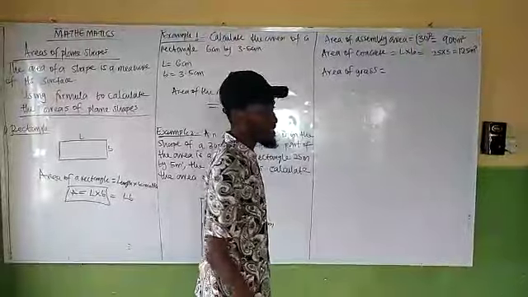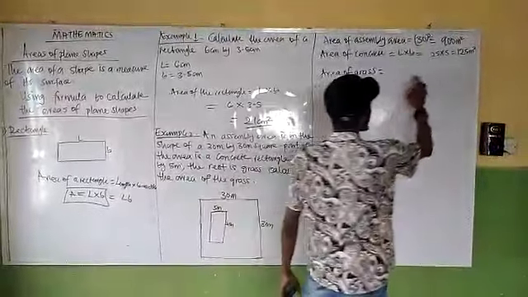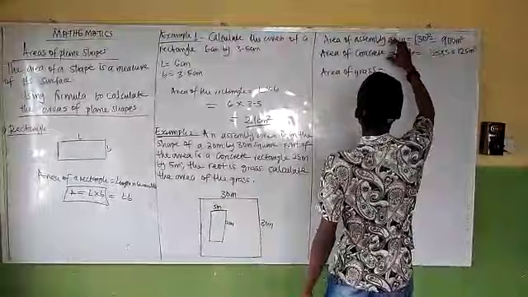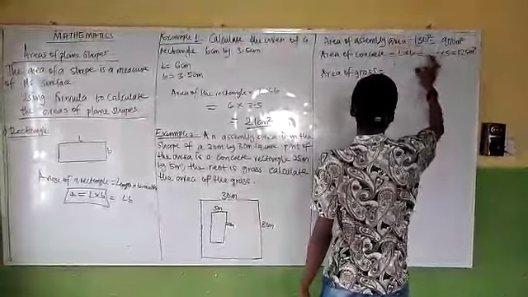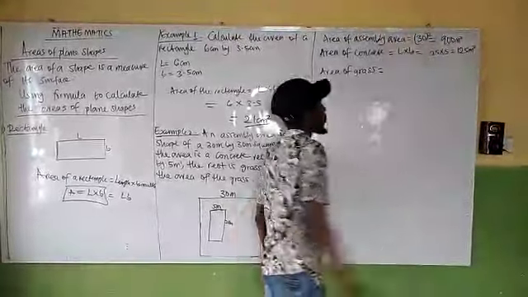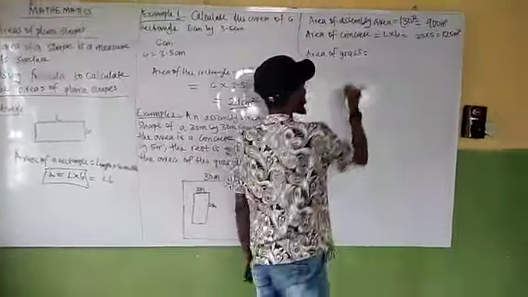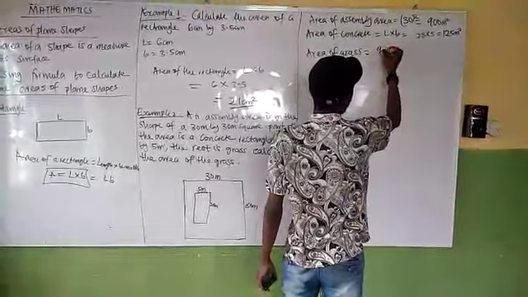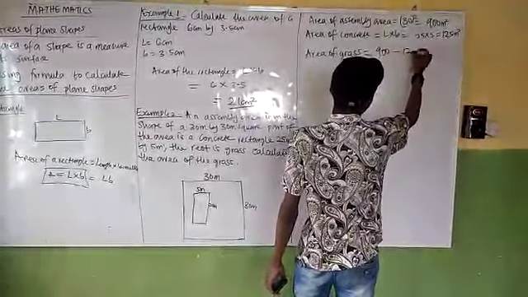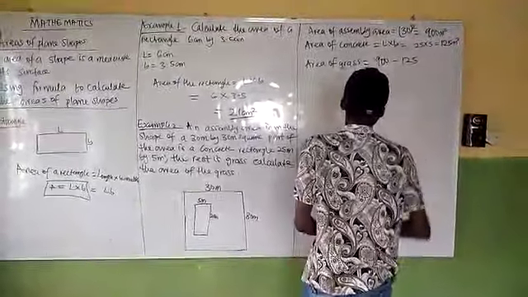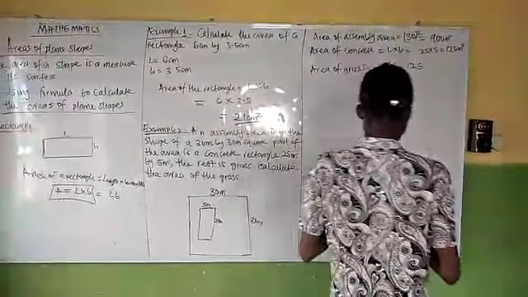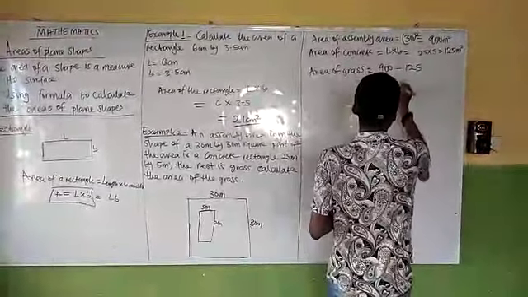So for us to now get the area of the grass, all you just have to do is subtract: you take away the area of concrete rectangle from the area of the assembly area. Okay, so in this case you just say 900 minus 125. So let's carry out the subtraction.